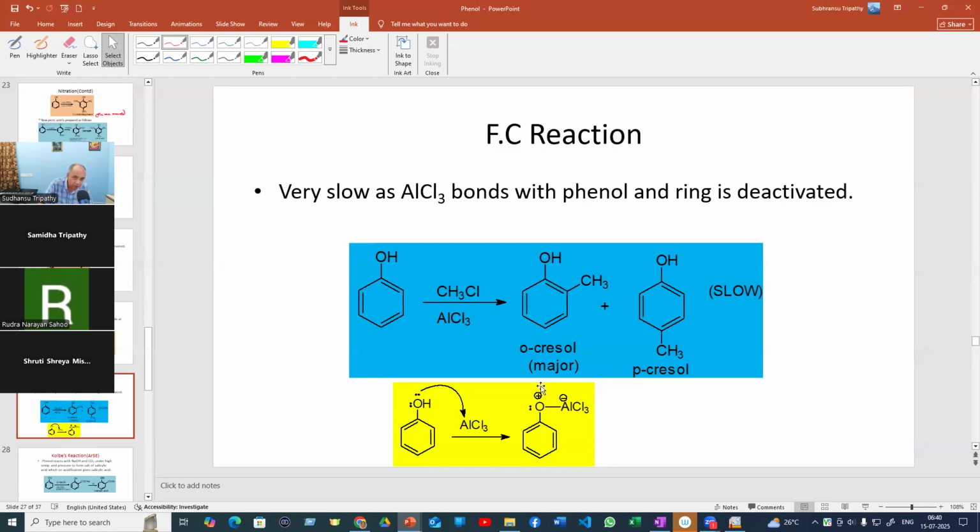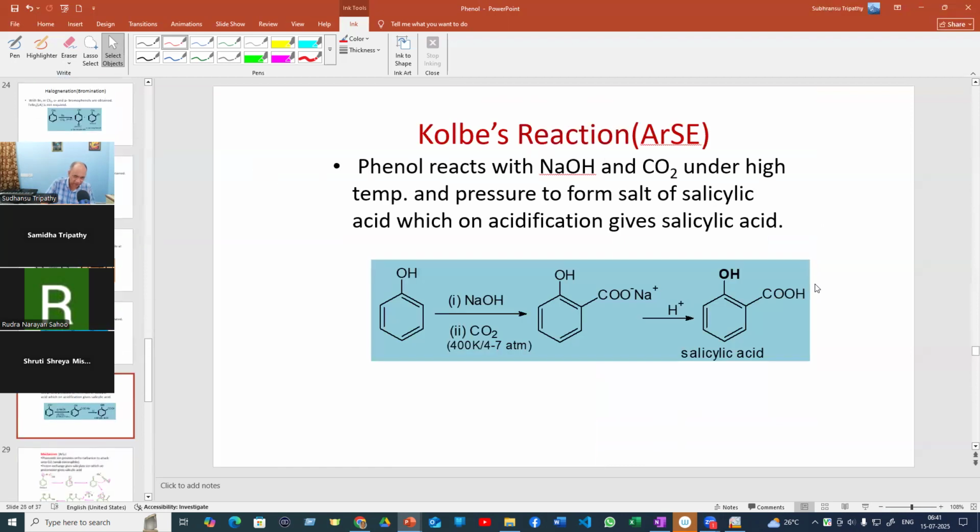Although it is primary, which is not formed, I have told you, it goes as an intimate ion pair, AlCl4 minus and CH3 plus, and once it attacks, AlCl4 minus goes away and CH3 joins. But that does not happen easily. It's very, very slow and nobody favors it.